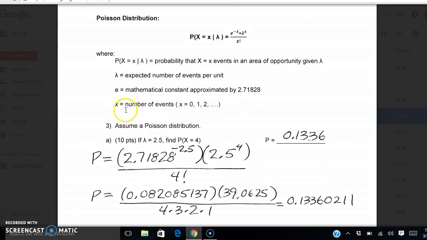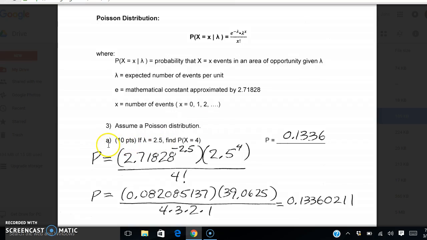And x is the number of events that we're interested in finding the probability of taking place during a certain time period. So we will assume in this problem the Poisson distribution, and in sections A and B here we are learning how to use the equation.